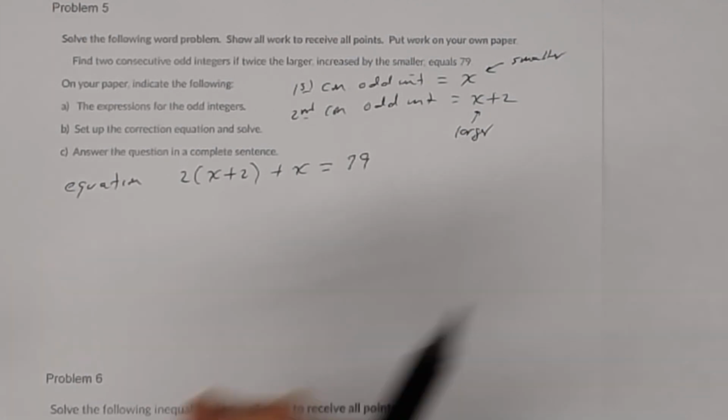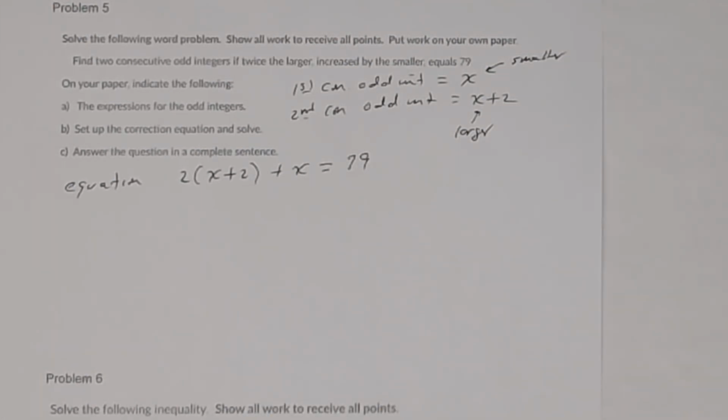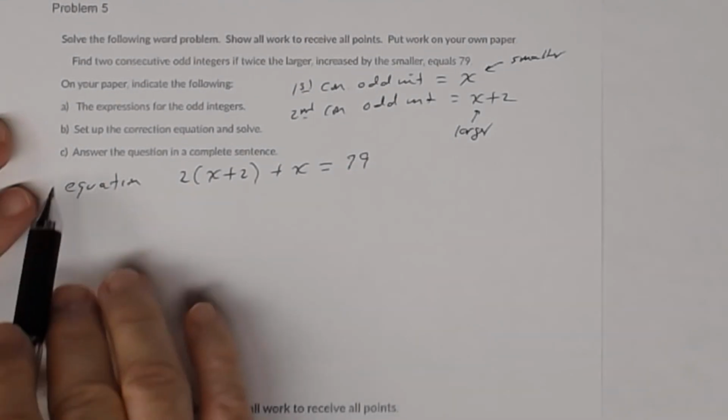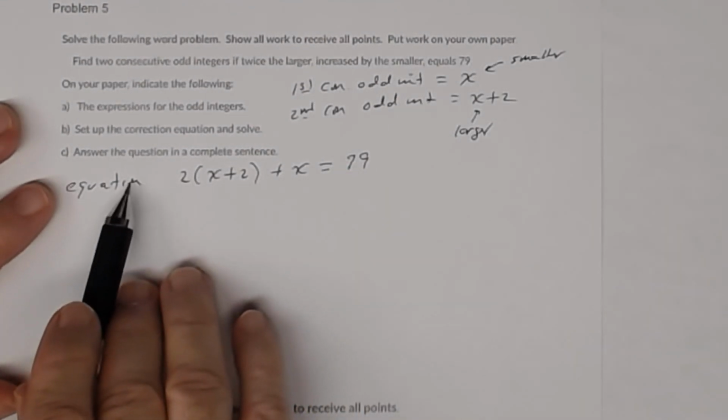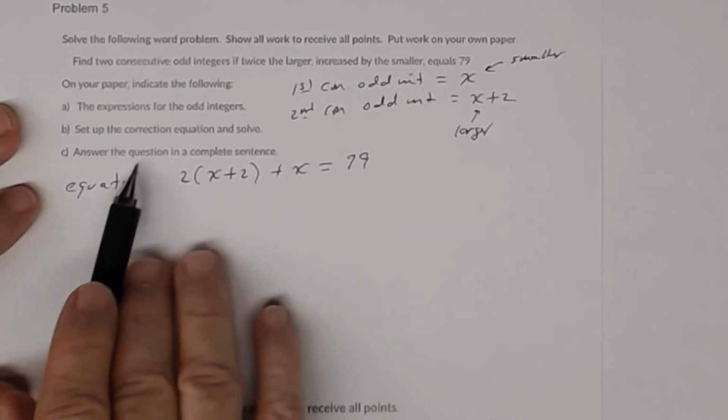And there's the equation: 2 times (x plus 2) plus x equals 79. All right, then we're going to solve this equation and answer the question.